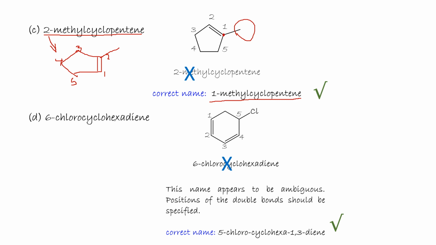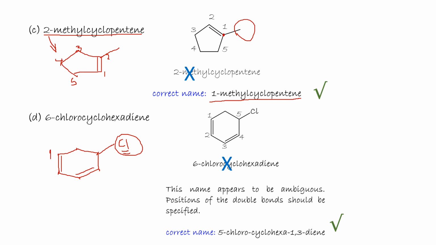6-chlorocyclohexadiene. Hexadiene. Double bond, double bond. 6, 1, 2, 3, 4, 5, 6. But the right way is the shortest number system, shortest to the location of the substituent.